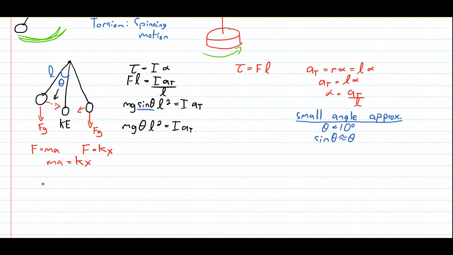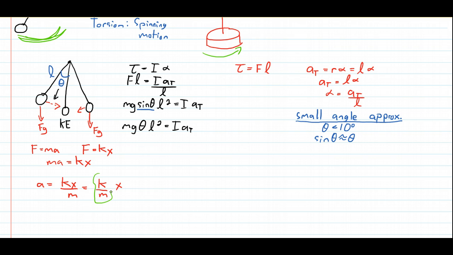And if we solve for acceleration, we get kx over m. I'm actually going to write this in kind of an unusual way of k over m times x. And so the reason I'm going to write it like that is because I want to emphasize this term right here.